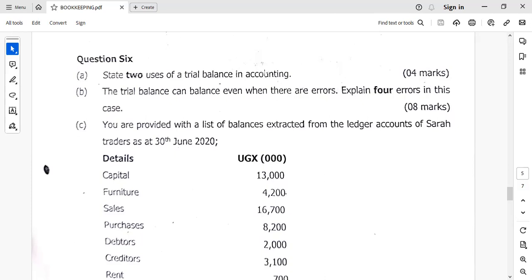And in order to check that there is a matching credit entry for every debit entry, we prepare something called the trial balance. So we are going to first see what a trial balance is. Then after, we shall look at the uses of the trial balance. So part A, state 2 uses of a trial balance.